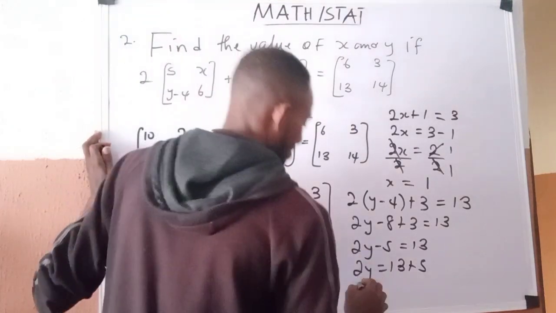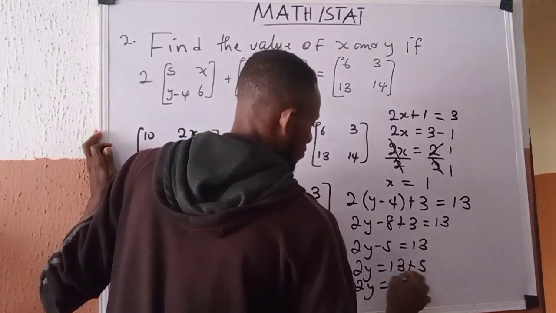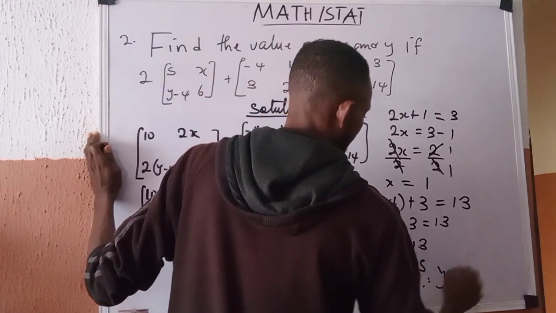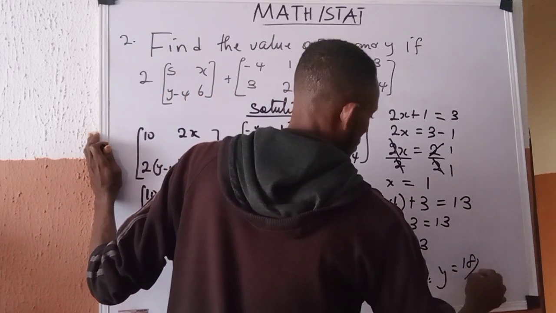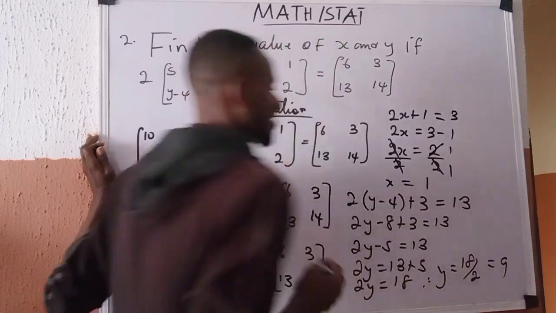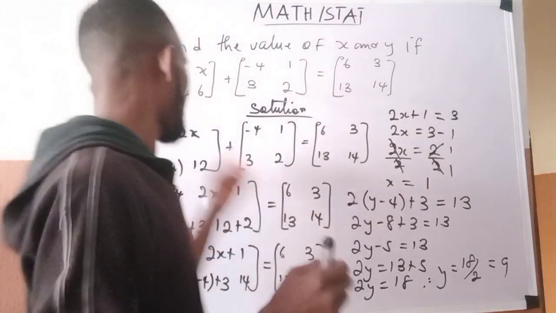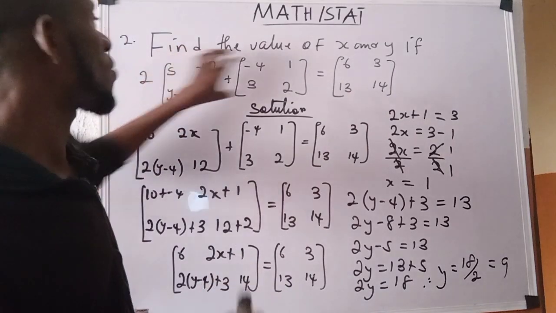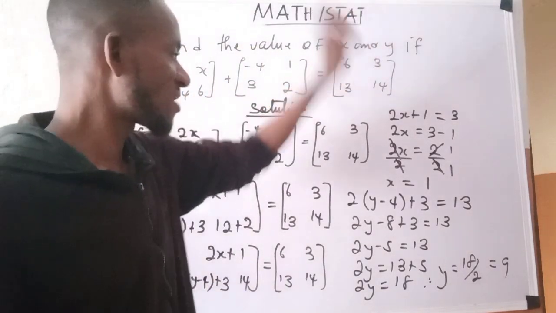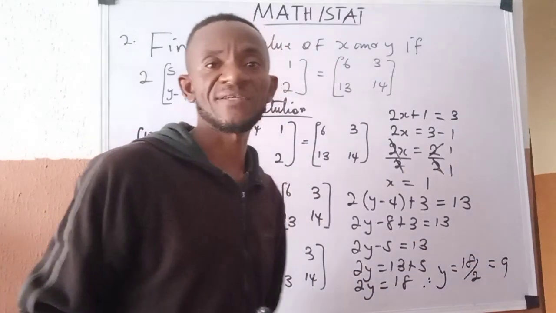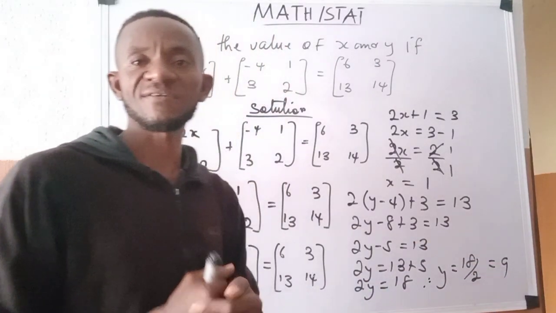Which means I have that 2y equals 18. Therefore, y equals 18 all over 2, which is 9. So the values of x and y that make this quantity equal to this quantity are 1 and 9. That's how to go about that.